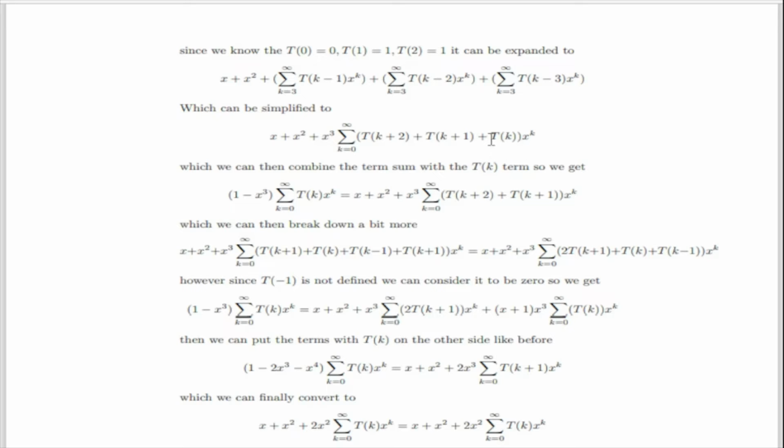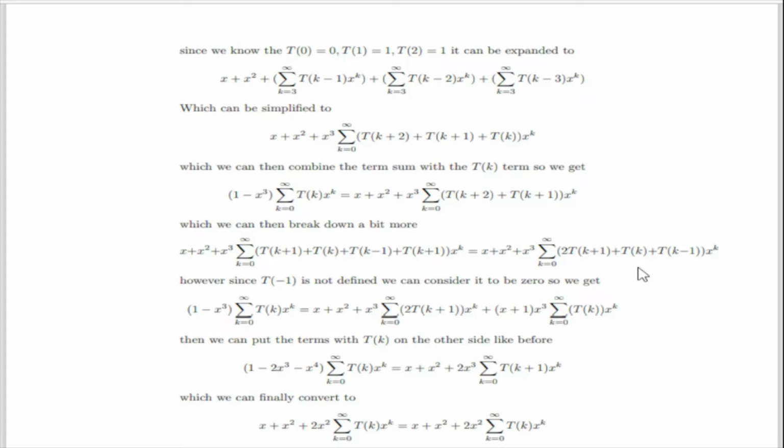We can then combine the terms with t of k in it, which would give us x plus x squared plus x cubed all times the sum from k equals 0 to infinity of t of k plus 1 plus t of k plus t of k minus 1 plus t of k plus 1, all times x to the k. That just ends up giving us x plus x squared plus x cubed all times this sum, because we just combined the t of k plus 1s.